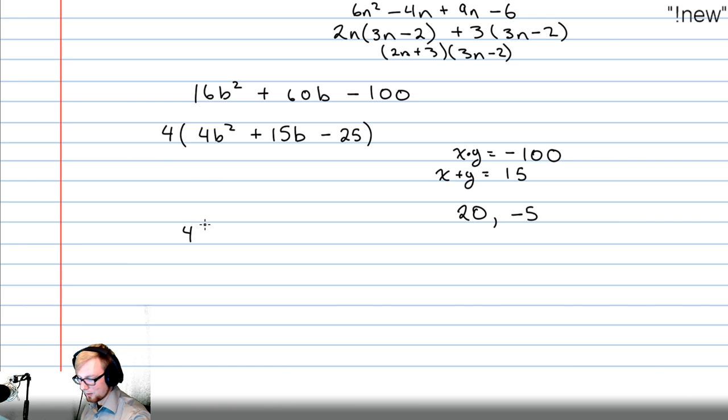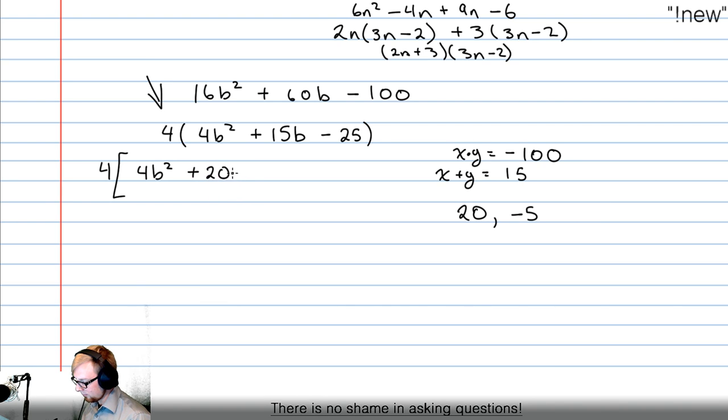So remember, there's still a 4 on the outside, right? So when you write your notes, you need a big bracket. Oh, that's right. So we factored that from 4. Okay.